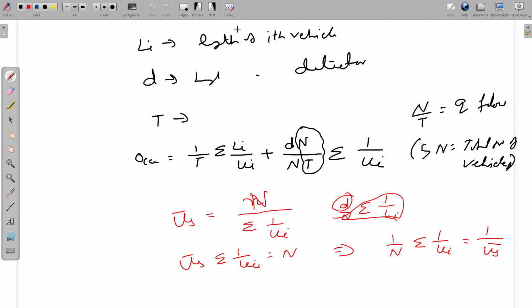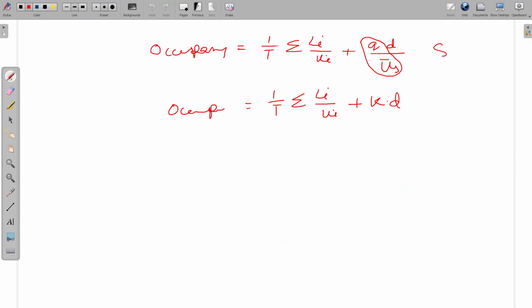Then this one you can give as equation number 7, fine. And then from there what we got? We got this value, so this is equation number 8, and then we got this one, so this is equation number 9. Substitute, this is what we have done. That is equation number 9.